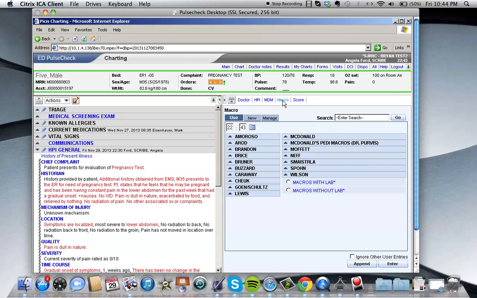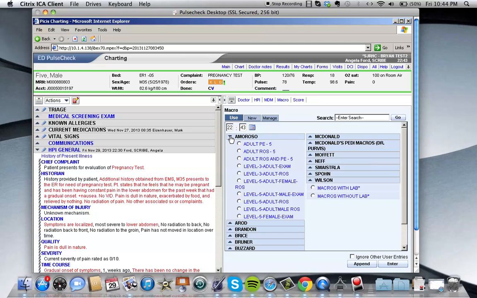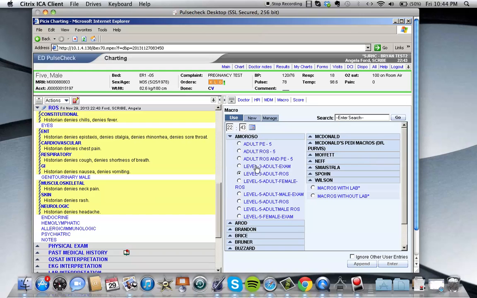For our pregnancy test example, let's say that we were looking for an adult level 3 macro. Let's go ahead and click on a doctor. Let's say we're working with Dr. Amoroso. We would look for our level 3, ROS, adult, and then our level 3 ROS exam.